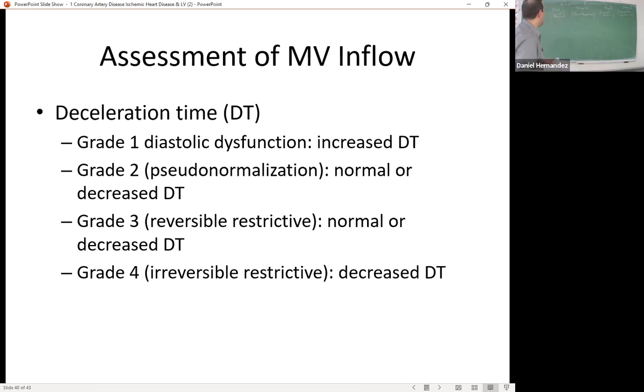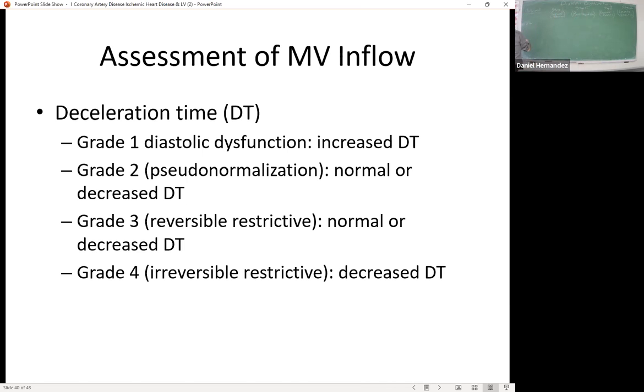All right, I recommend you guys actually draw this out. It'll help you get a good understanding and appreciation of what you're going to be looking for in each one. So there are 3 things that we're going to measure with diastolic dysfunction. First is our mitral inflow, MV inflow.